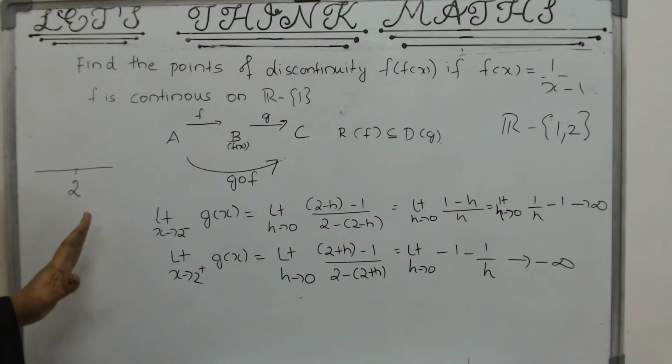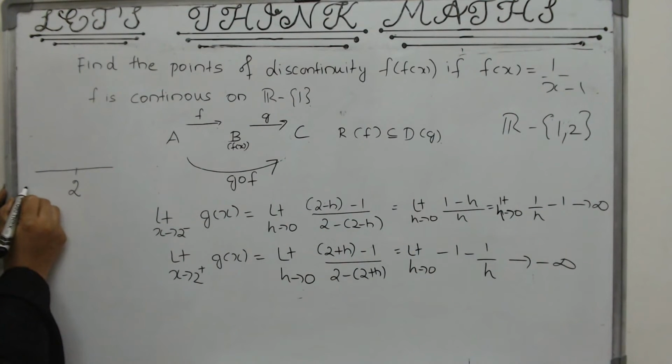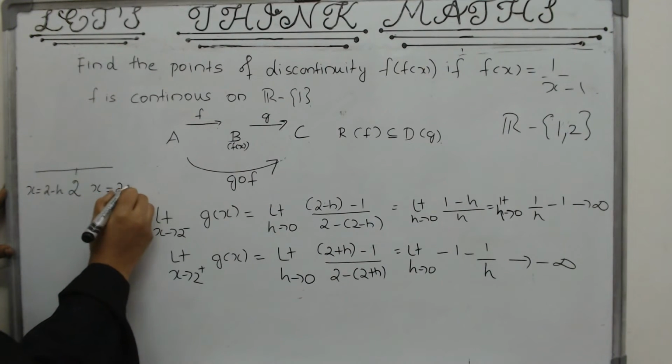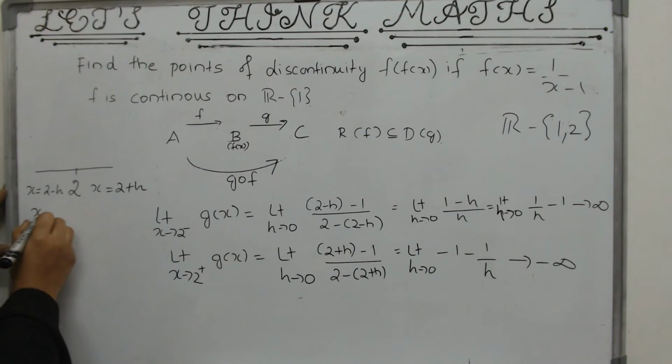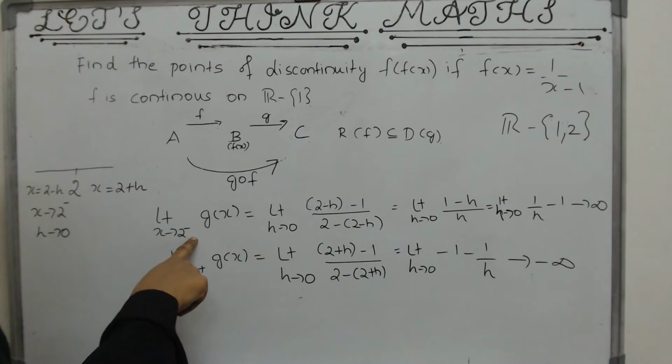So here you have a break at 2. Before 2, or to the left of 2, take x is equal to 2 minus h. To the right, take 2 plus h. So instead of x tends to 2 from the left, we can take h approaches 0. Here also we can take h approaches 0. So what does this whole thing become?